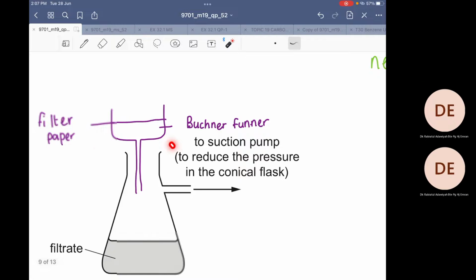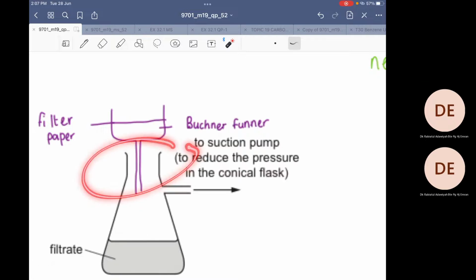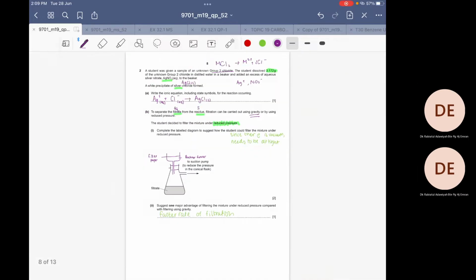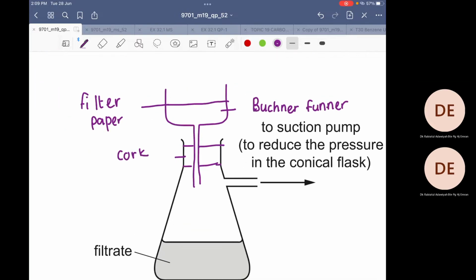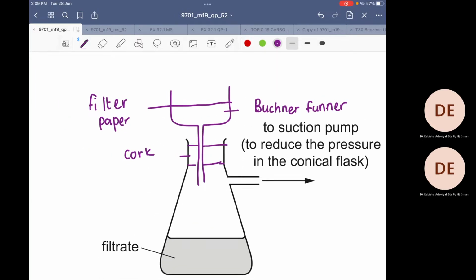It's not sealed. Can you see here? It's not sealed. So I have to seal it using a cork just to show that it is airtight. It needs to be airtight. Otherwise, how can I create a vacuum if it's not airtight? Okay. They say it's sealed with a cork around the funnel. And that is how you get 2 marks.